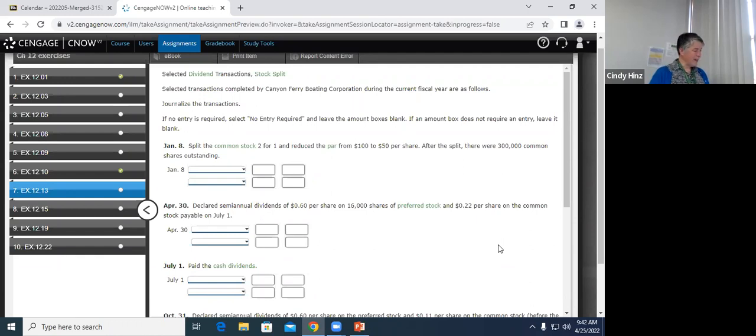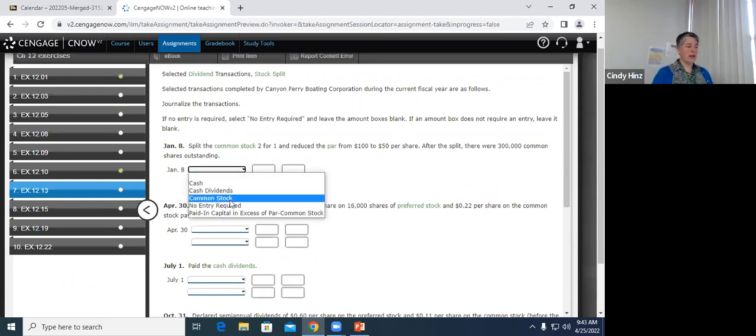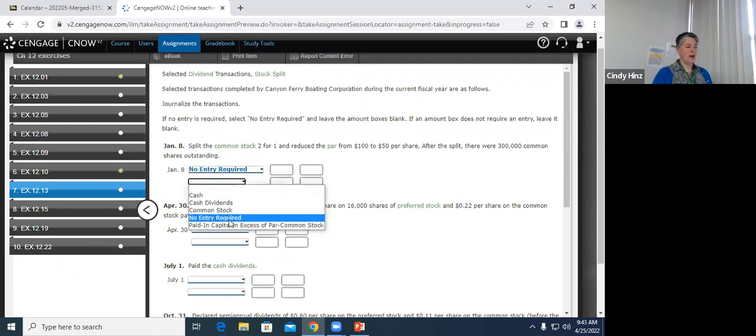So on January 8th, we split the common stock 2-for-1, and we cut the par value from $100 to $50 per share. After the split, there were 300,000 common shares outstanding. So how many were there before? 150,000. As we just discussed, a stock split does not require a journal entry at all.